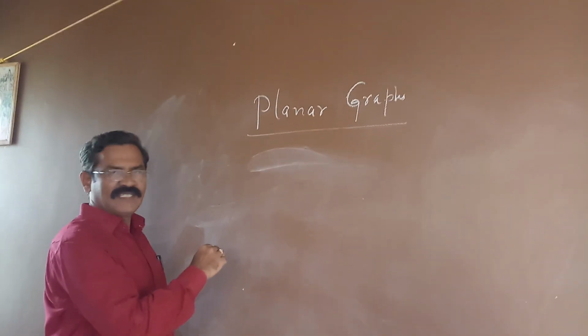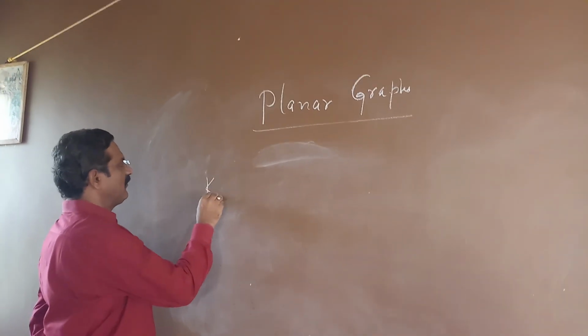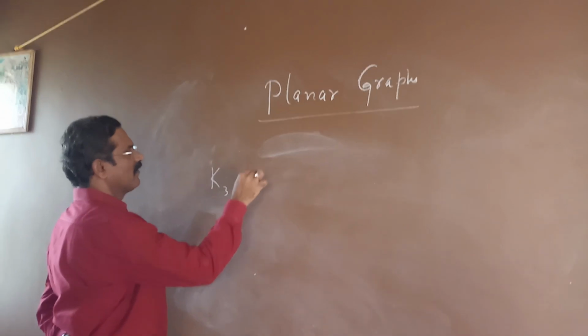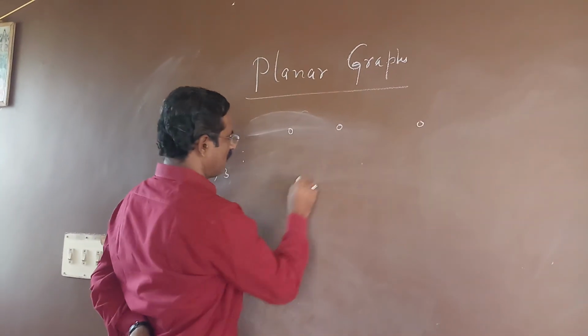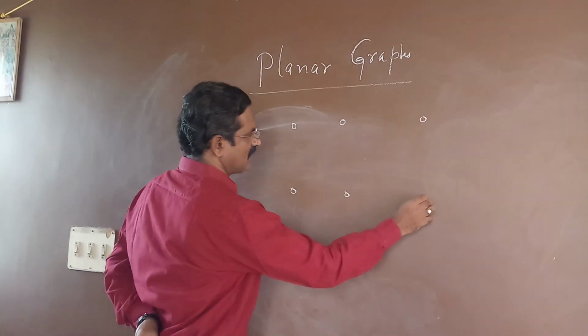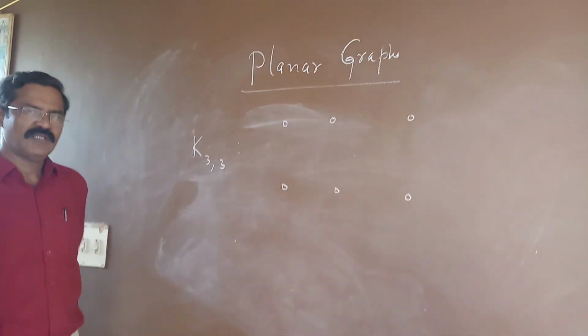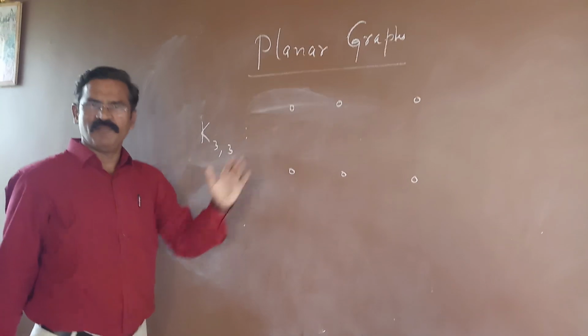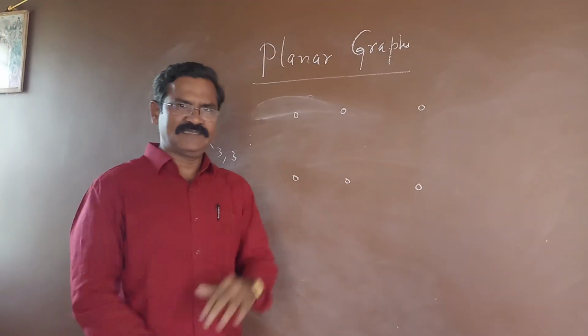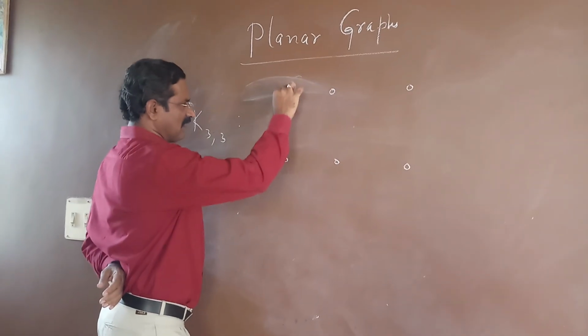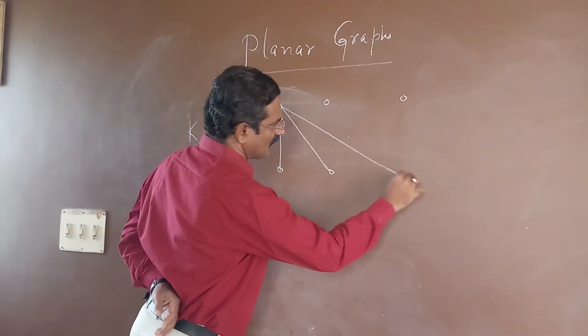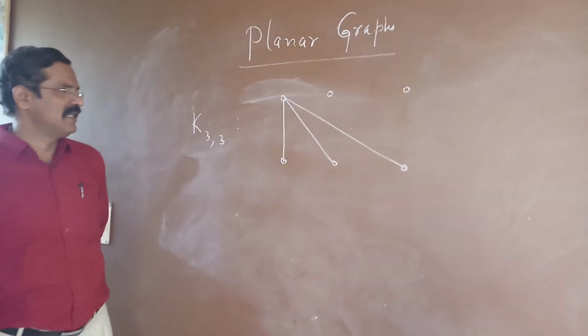We will consider another example, K3,3. Three vertices at the top and 3 vertices at the bottom. It is the utility problem, 3 houses and 3 utilities. So we try to draw this graph without the crossover of the edges.